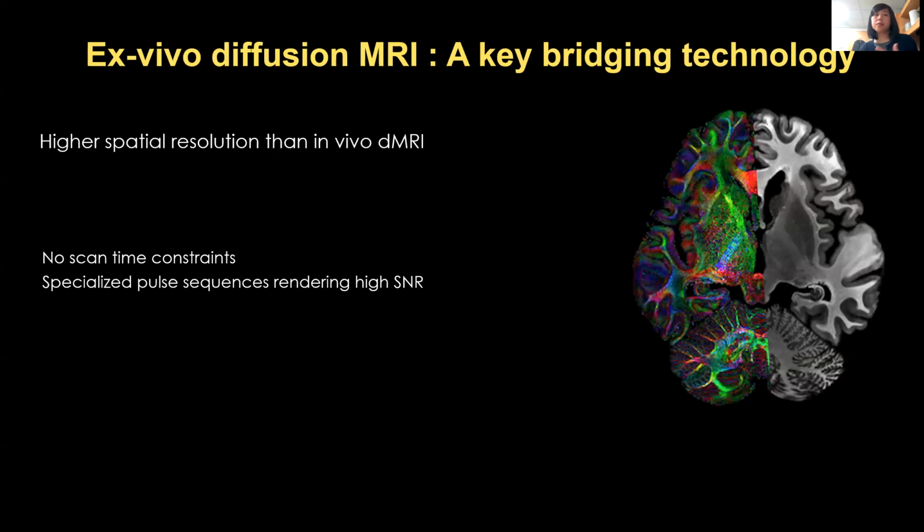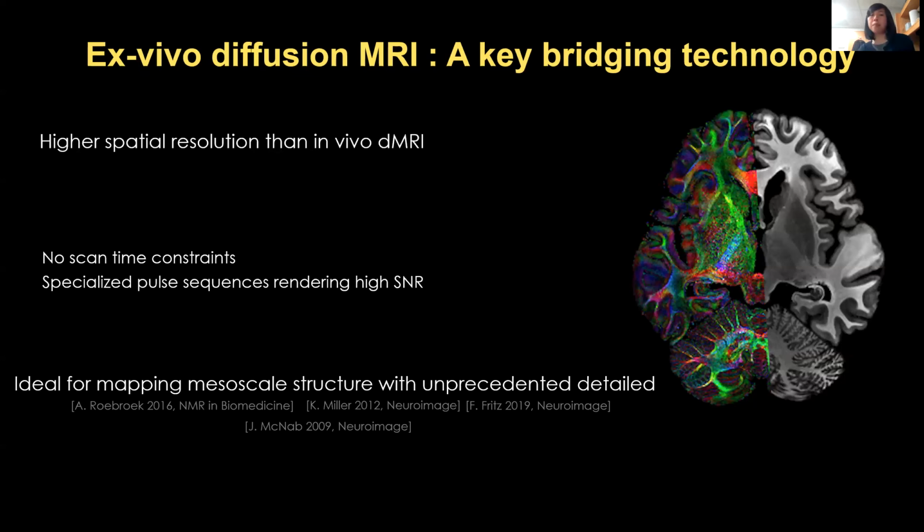And the consequence of this is that we can really try to map mesoscopic structure with unprecedented detail, maybe down even to the 400, 500 micron level, compared to the in vivo acquisitions, where we're limited more to the 1 to 2 millimeter size.